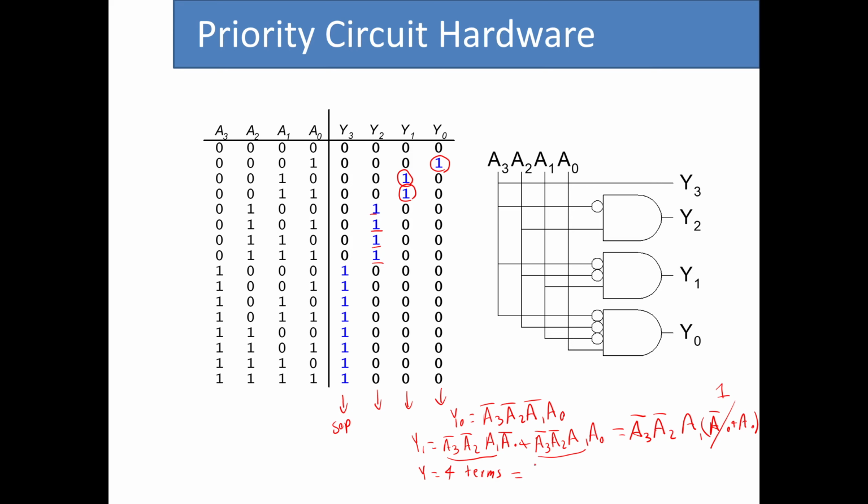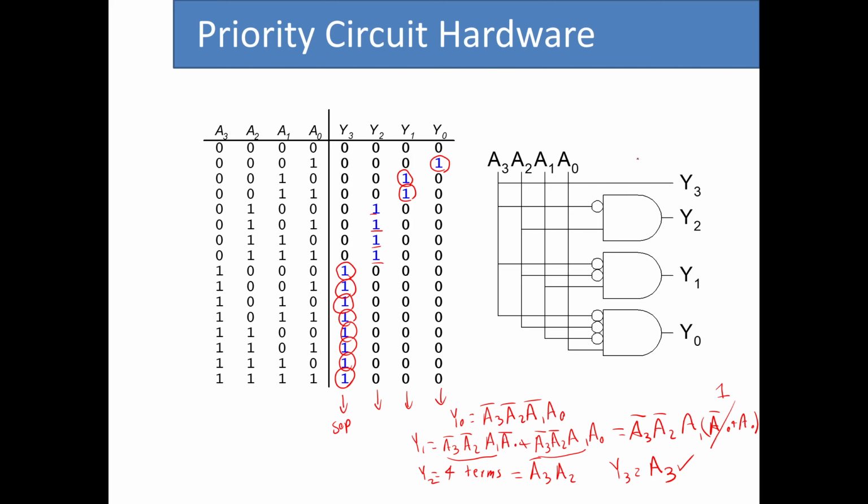But if you do the simplification using the axioms and theorems, you see that the result is going to be A3 bar, A2, so this is for Y2, and finally for Y3 the result is going to be A3 after doing all the simplifications. So even though it had 8 terms, when you do the simplifications, it all gets simplified to this.